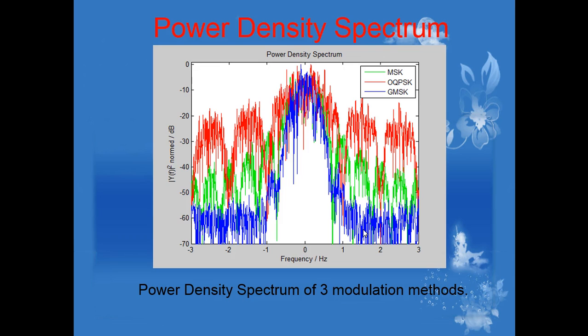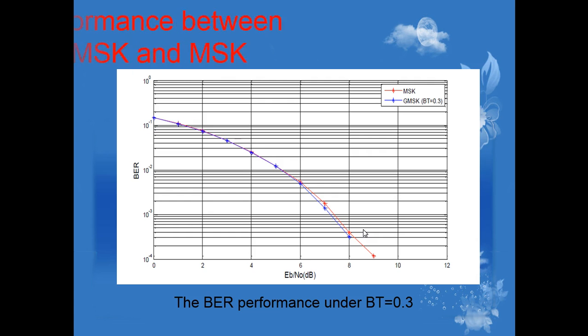On the other hand, the BER performance of GMSK is related to the value of BT product. So if I change the BT product to 0.3 instead of 0.1, then they will become really near in the performance of BER, and GMSK will almost be even better than MSK at this time.